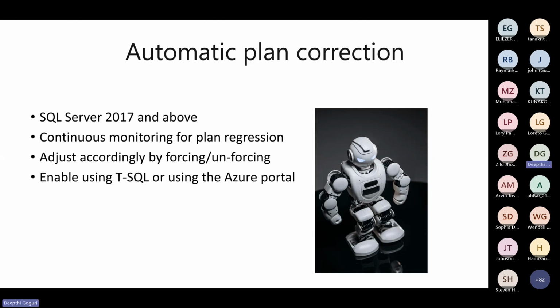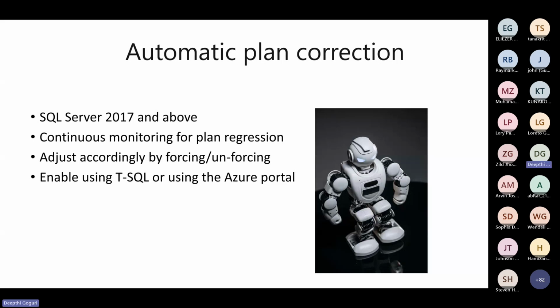Once it forces the plan, it will not stop there. It will continuously monitor the next executions. And if there is another plan that got generated for any reason, and it ignored the forced plan and created a new plan, automatic plan correction will compare those two plans, to see whether the current plan is good or whether the last plan is good.